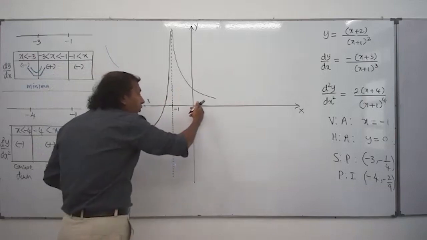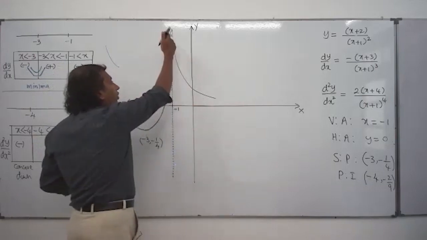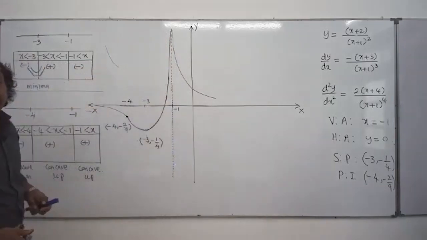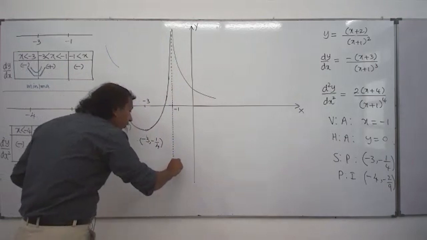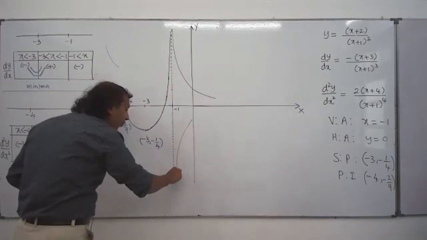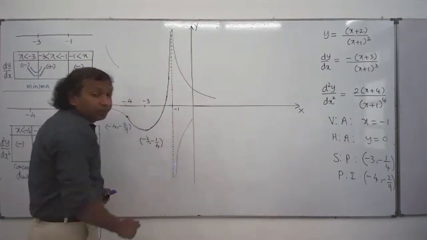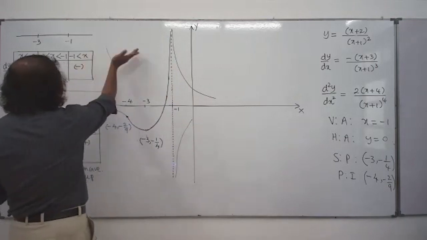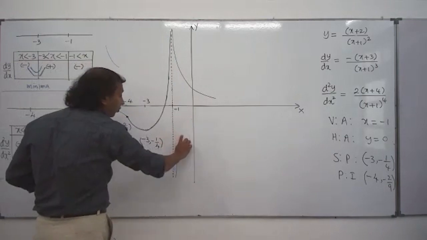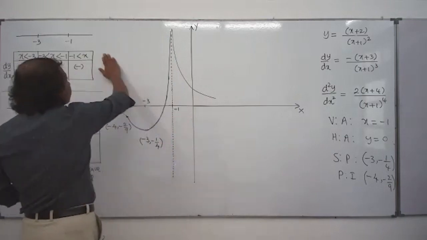And when we come closer to -1 from the right hand side, the y coordinate goes to +infinity, and the asymptote is there. If you think it like this, people, this is wrong. The reason is, when we draw a graph this way, the gradient is positive, but the gradient is negative on the right of -1. So therefore, this is not the graph.